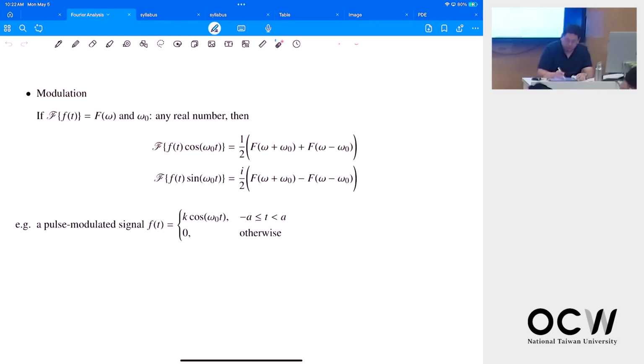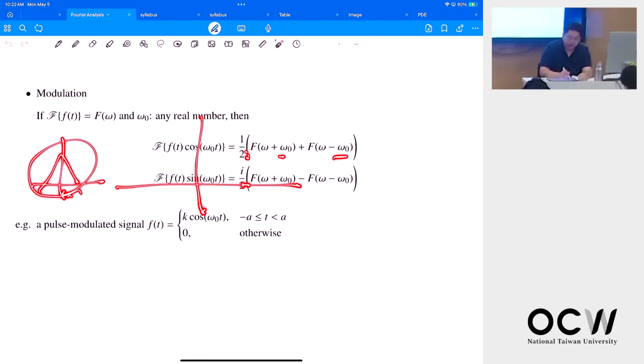In frequency domain, I shift to the right and shift to the left and have half the magnitude. So if I have a signal in time domain, then when I take the Fourier transform, I will shift my signal. Now if the magnitude is 1, here I will shift to the right by omega naught, and the peak will be 1/2, and also shift to the left.